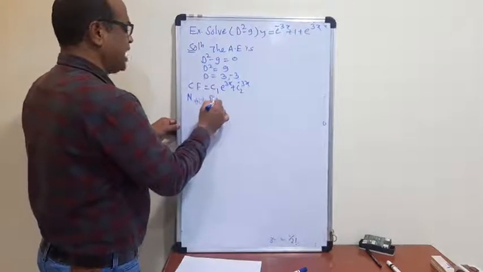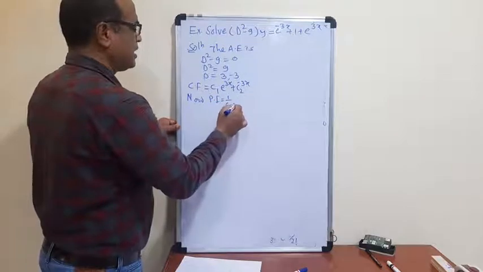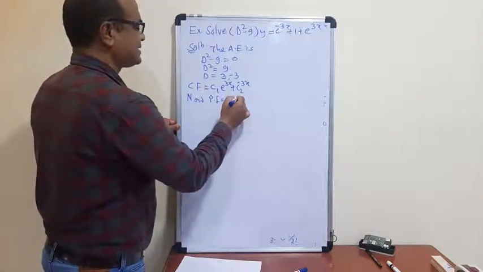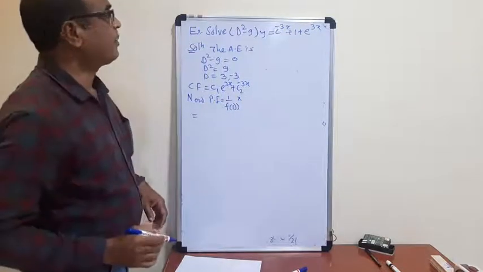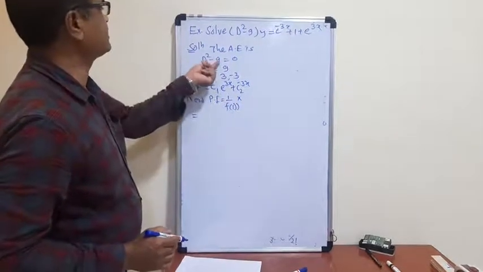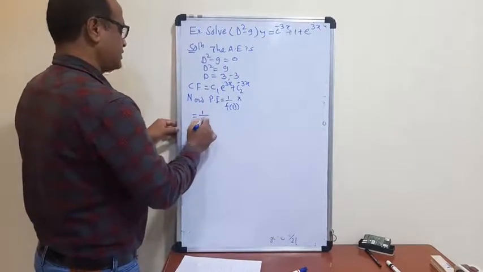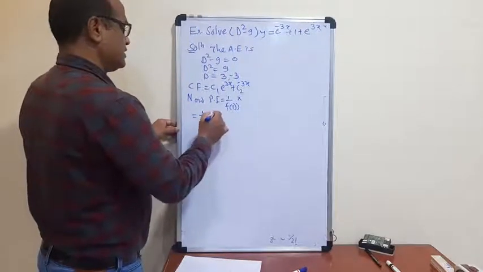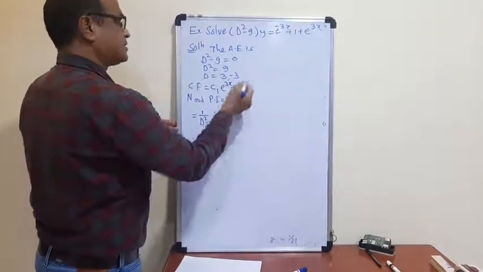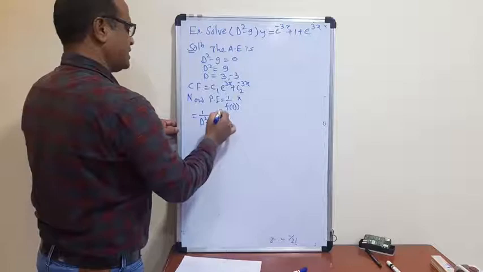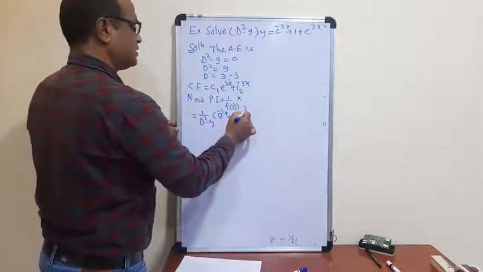particular integral. PI is equal to 1 upon f of D times X. So what is f of D? It is 1 upon D square minus 9, and X is the right hand side, capital X: e raised to minus 3x plus 1 plus e raised to 3x.